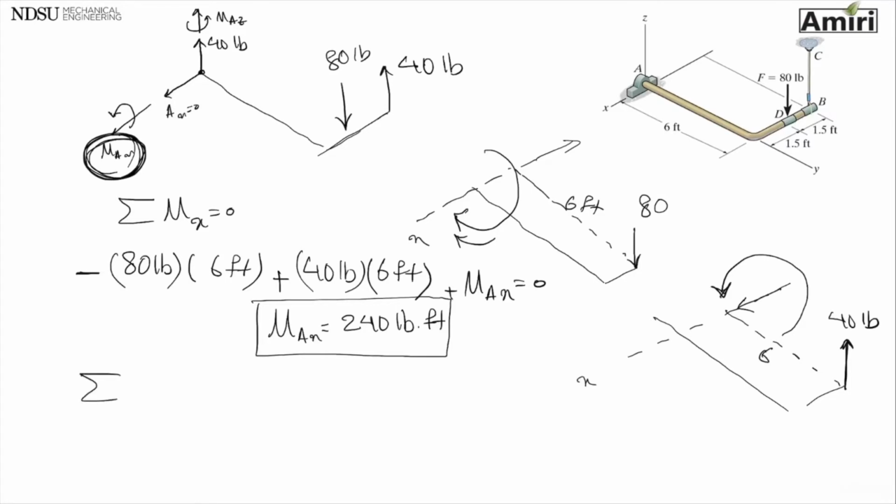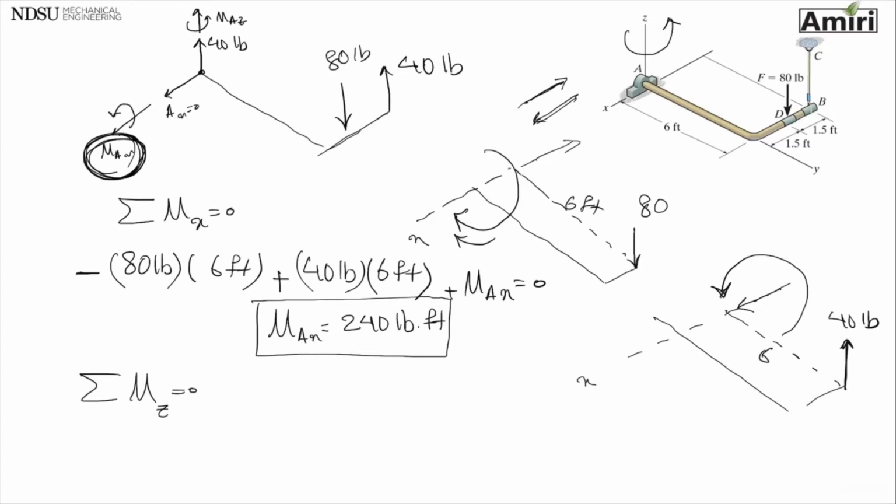And the last unknown that I have, let's find the summation of moments about the z-axis being 0. Anything that is trying to rotate this beam around the z-axis, trying to rotate it this way. Any forces that are in an x direction, positive or negative, are going to create that rotation for me.